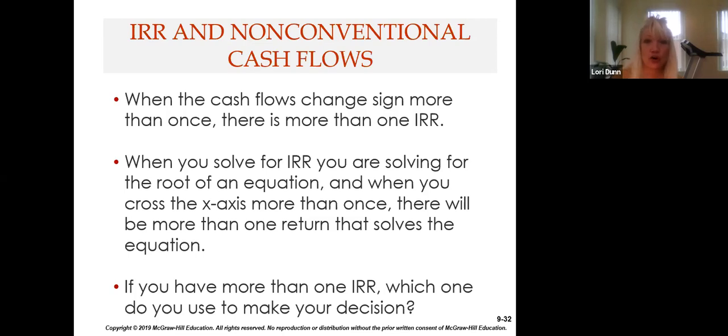So when you solve for your internal rate of return, you may only get one of them. It's not going to tell you all the possible internal rates of return. You actually have to try to figure them out. So we're going to take a few minutes here and use our book, and make sure you understand the example that they run through in the book. This is on page 289.